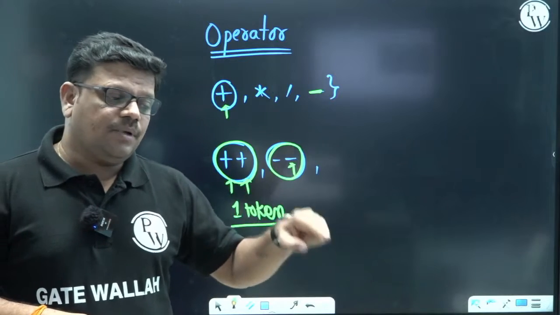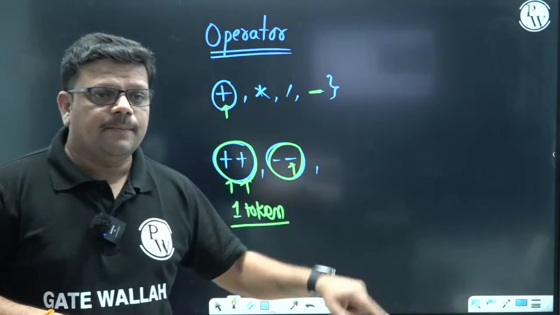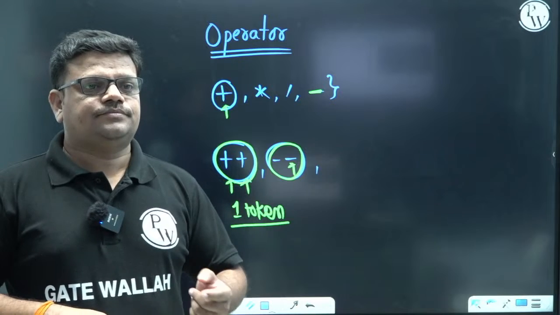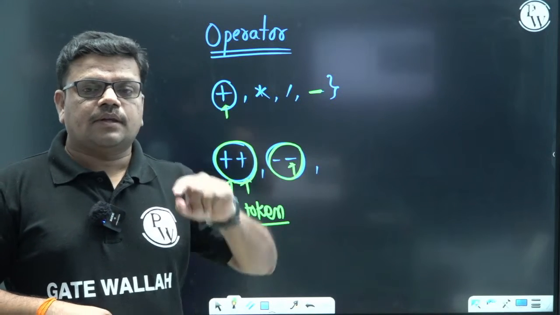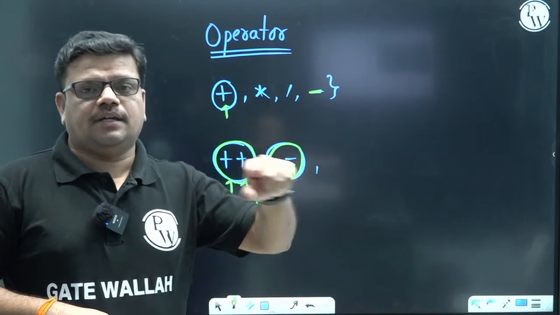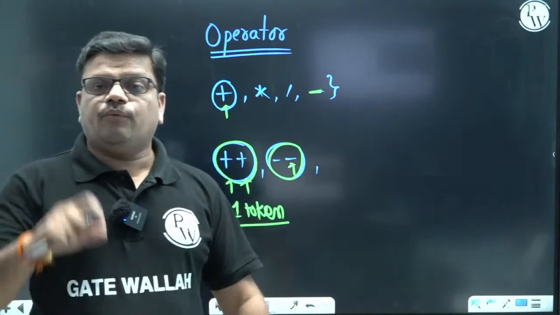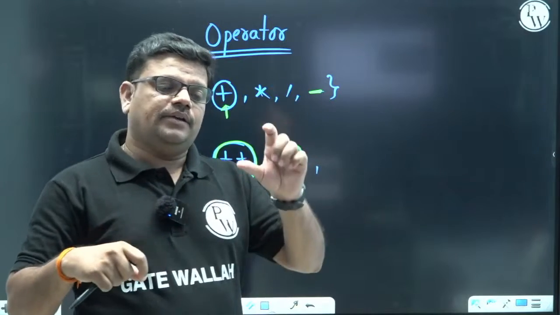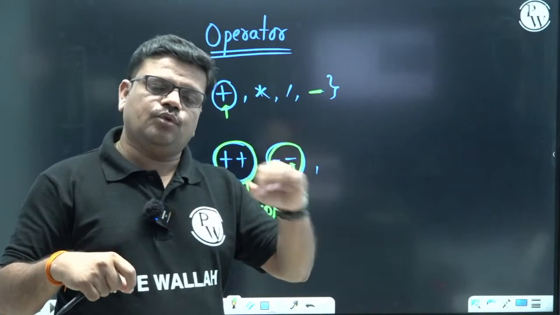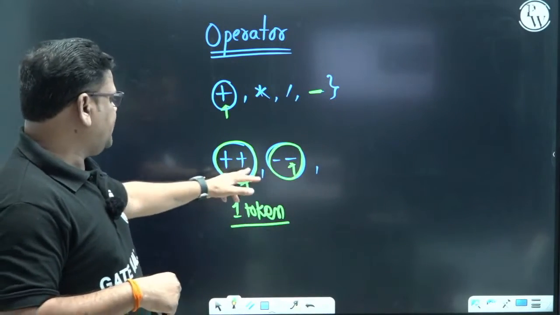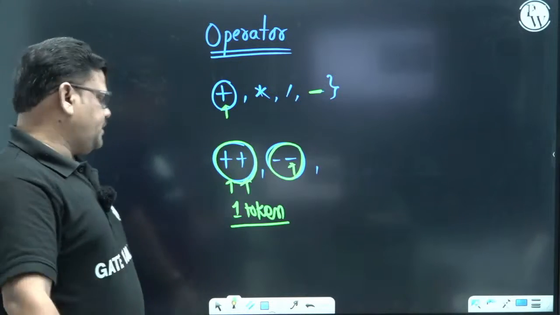If using the next symbol it forms a meaningful operator, then we give only 1 token. Even if the length of the operator is high, no problem. For this maximum length one, we produce 1 token.